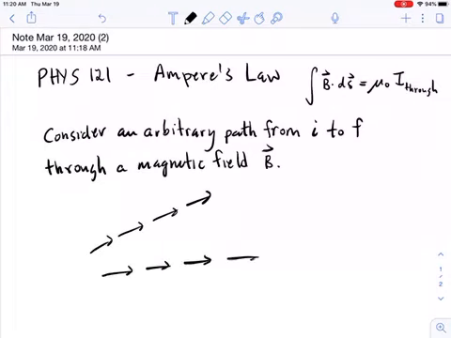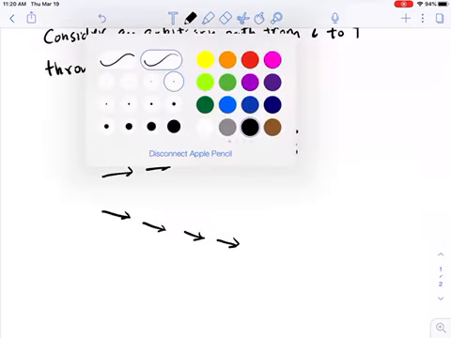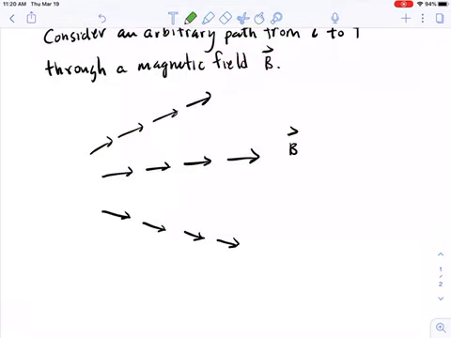The field doesn't have to be uniform, it could be changing, and so maybe it looks something like this, and we're going to follow some path from an initial point I, and we'll go to some final point F.